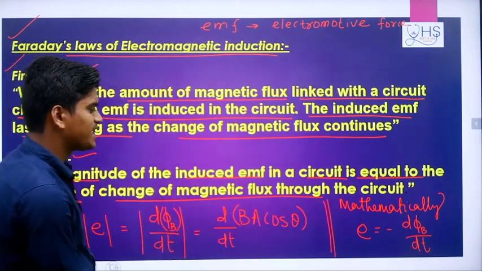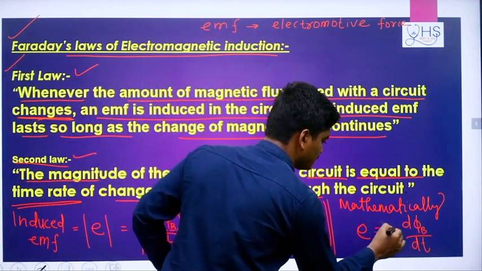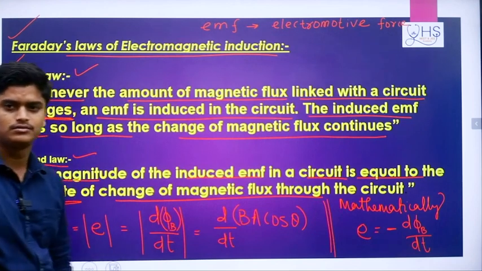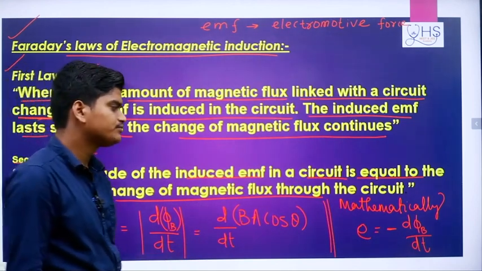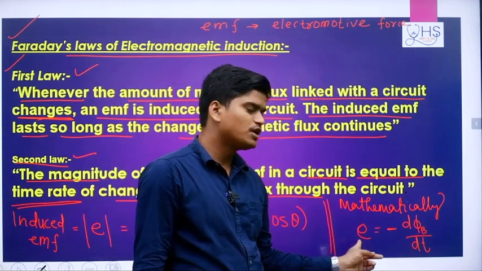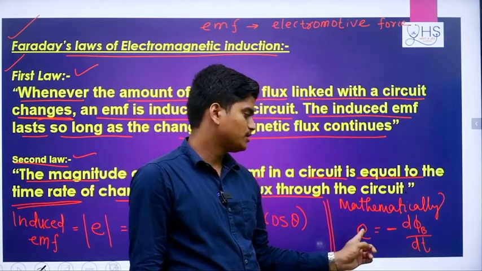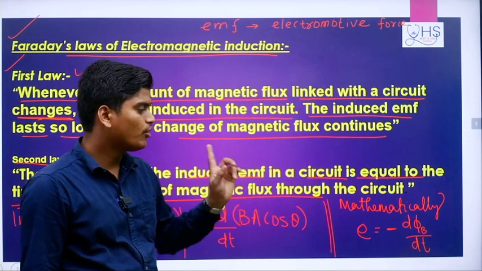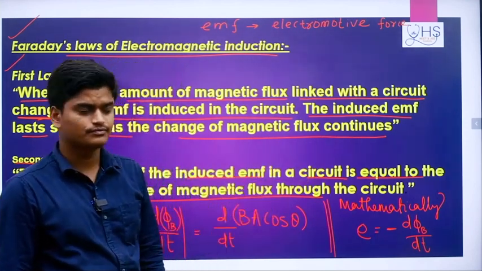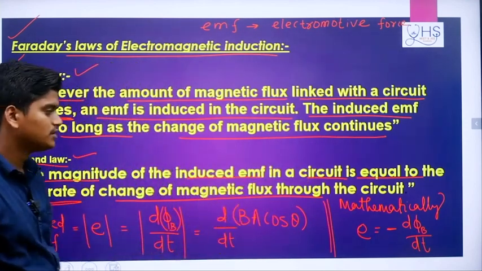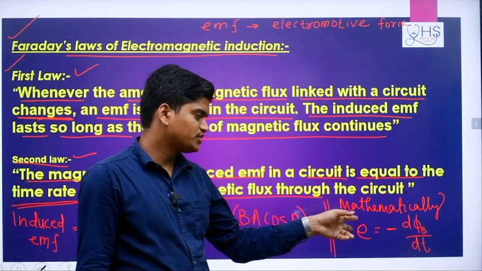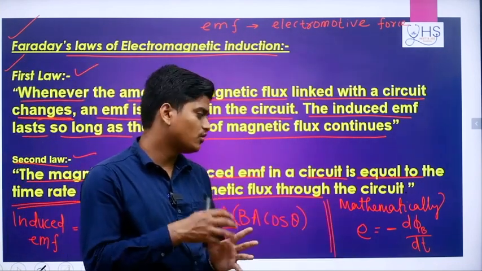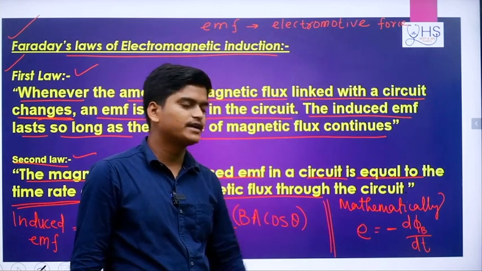So what is this negative sign that comes here? The negative sign we understand from Lenz's law. The induced EMF is produced in such a way that it will oppose the cause of that change in flux. So who is producing that induced EMF? That cause it will oppose. So that's the negative sign.